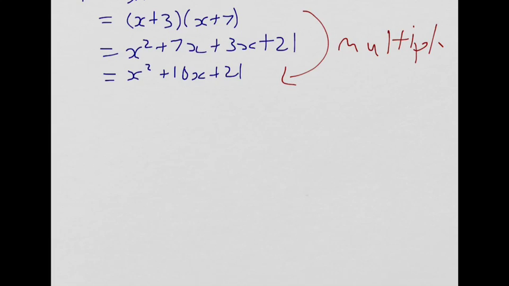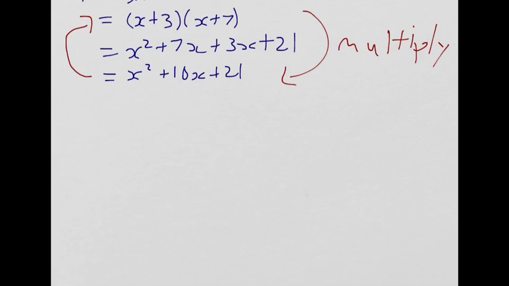But to go backwards, that would be called factoring. Can you see any way for how we can go from our trinomial to the product of 2 binomials, from the multiplied form to the factored form? Do you see any relationship between, for instance, the 7 and the 3 and some of the numbers down here? Any relationships you see?